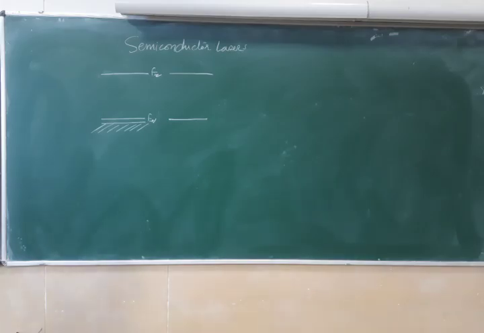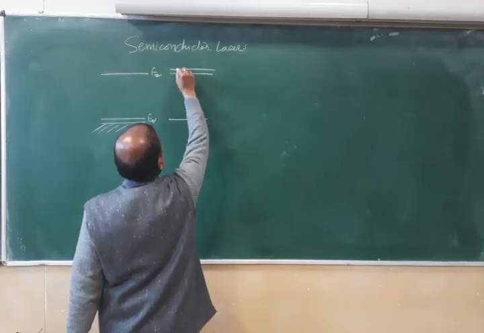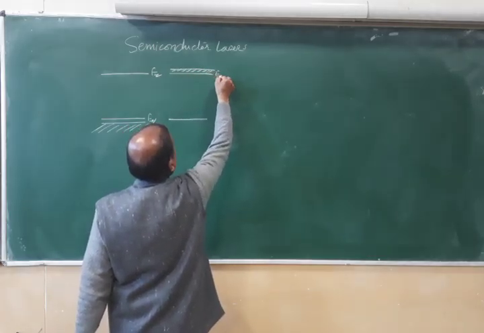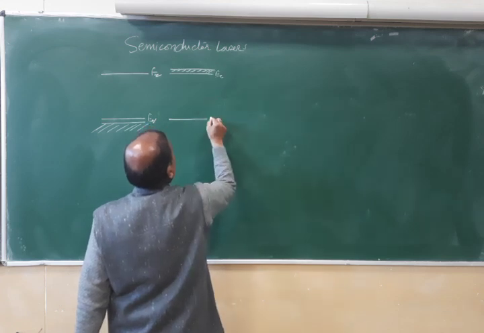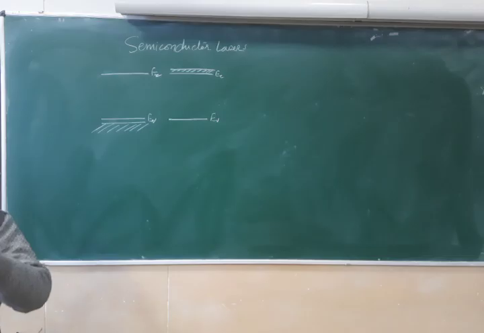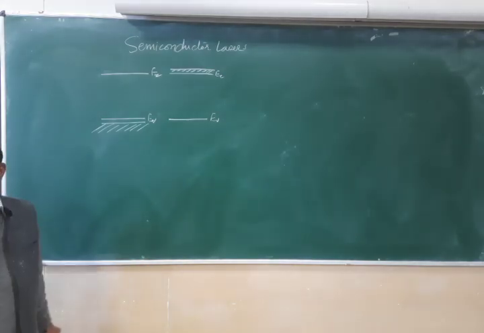And that situation will appear something like this. It will appear as if a thin layer of the conduction band is occupied. So, the heavily doped region will be shown like this.